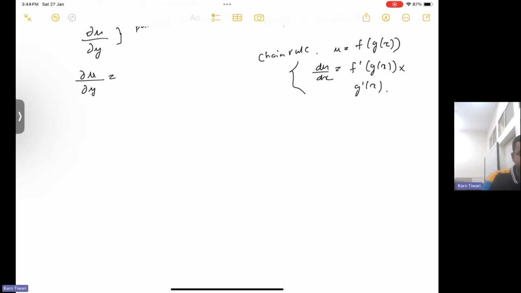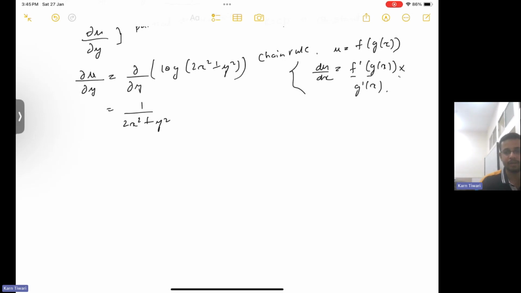So to calculate ∂u/∂y, we need to calculate ∂/∂y of log(2x² + y²), which is simply 1 by (2x² + y²). Just forget whatever expression is given inside the log, because we just need to take the derivative of log.